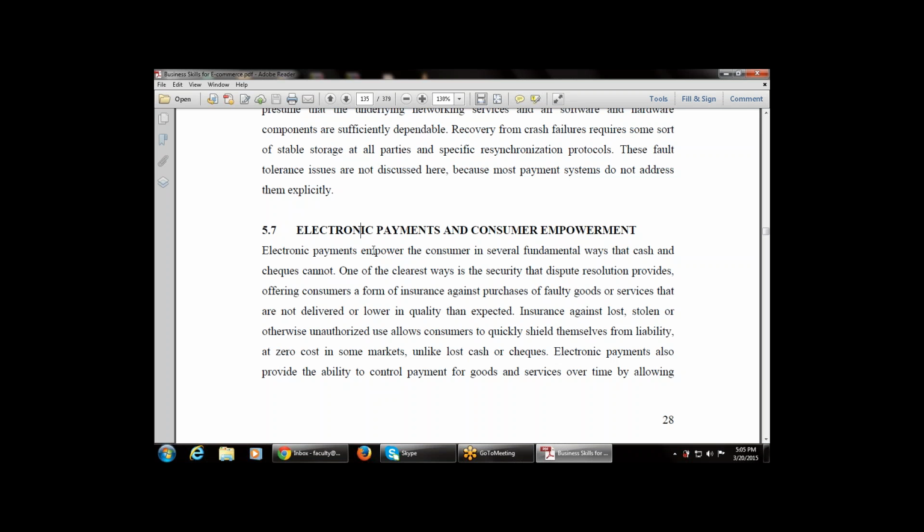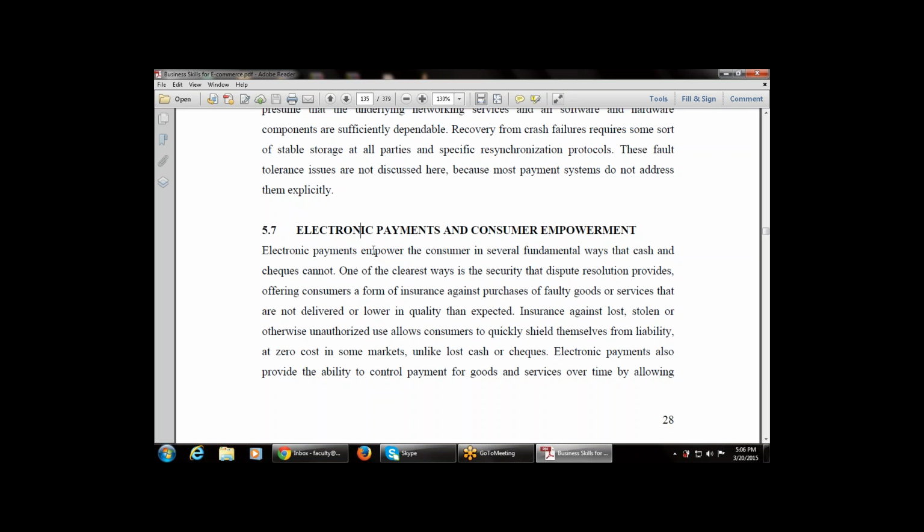This is one example of dispute resolution: a company offers insurance against goods or services that are not delivered, or whose quality is not what the user expected.